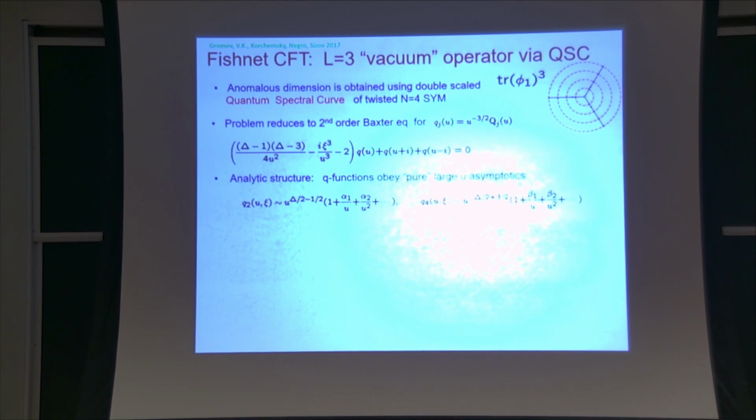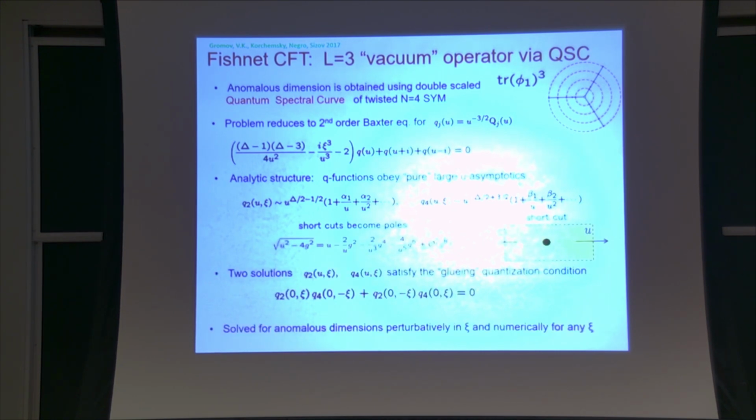Then I only tell you that in our work we went to this double scaling limit and derived from the quantum spectral curve the equations for fishnet, which was quite tedious because it's difficult to make G square and the twist factor meet in the same equation and then go to the double scaling limit. So this coupling appears to be here.